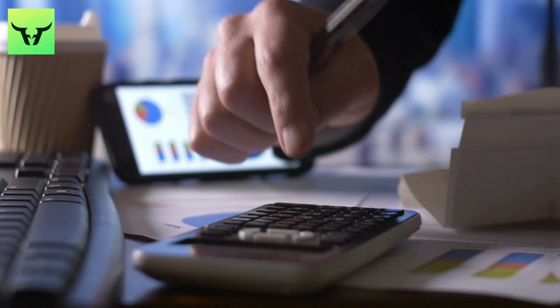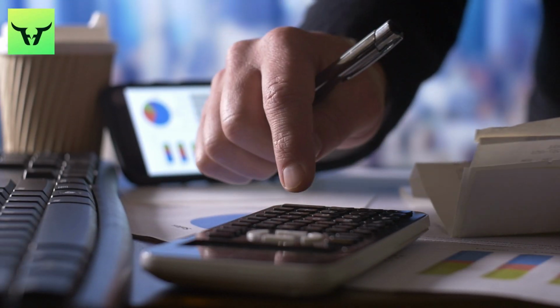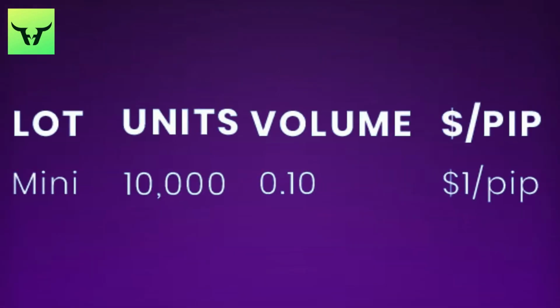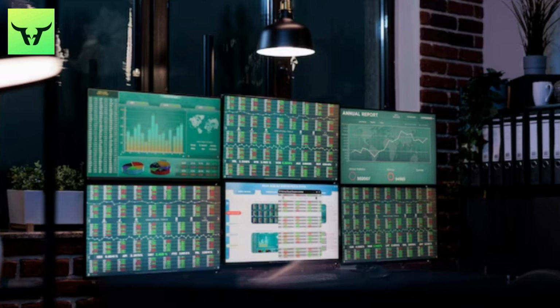Step 2. Calculate required margin. Let's say you wish to purchase EUR USD at 1.15000 and initiate a trade with one mini lot, which equals 10,000 units. The margin requirement for this trade is 2%. So, how much margin do you need to open this position?